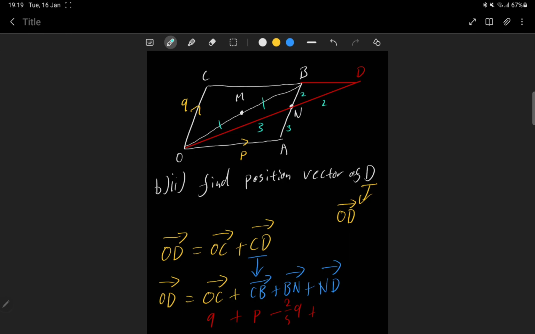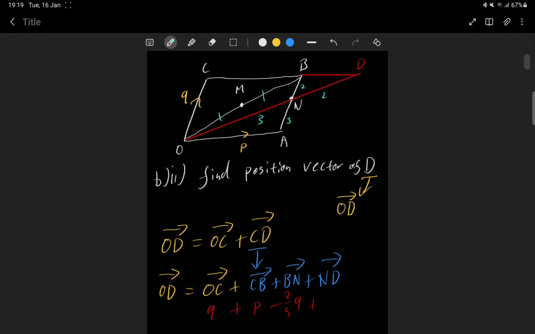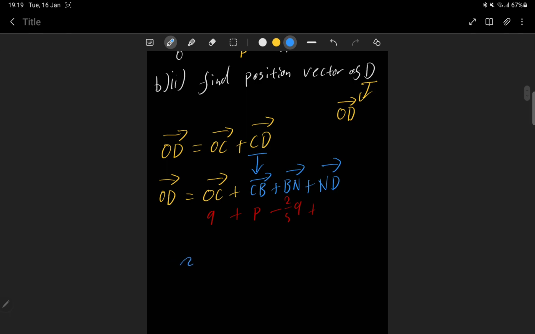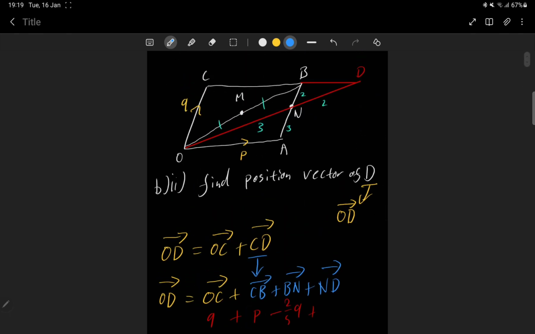Now we know that ND will be equal to 2 over 3 times ON, right? Because these are similar triangles.